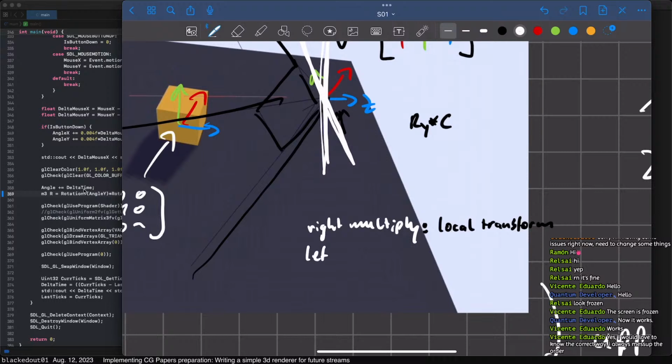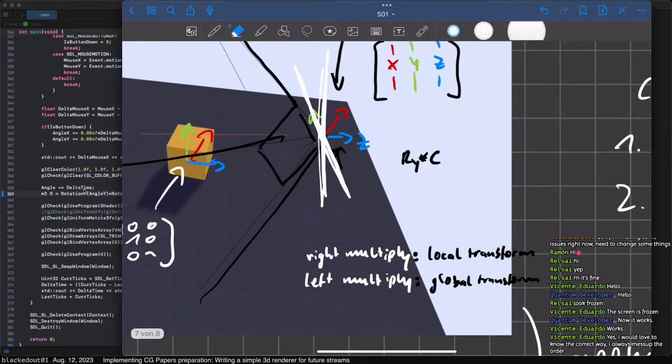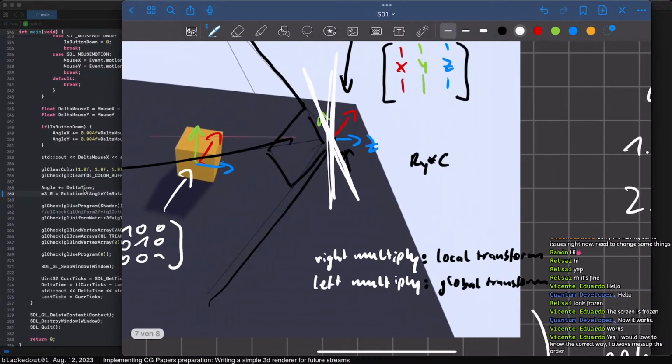So left multiply, and this is a global transform. And you can even think about why this happens.